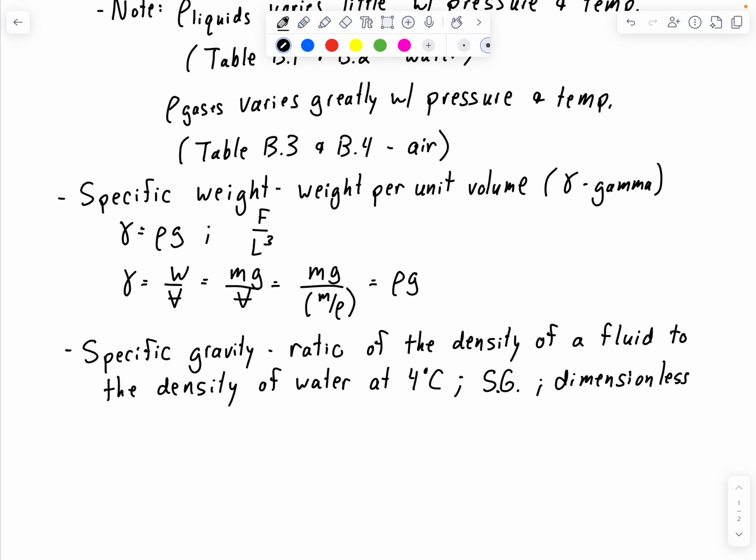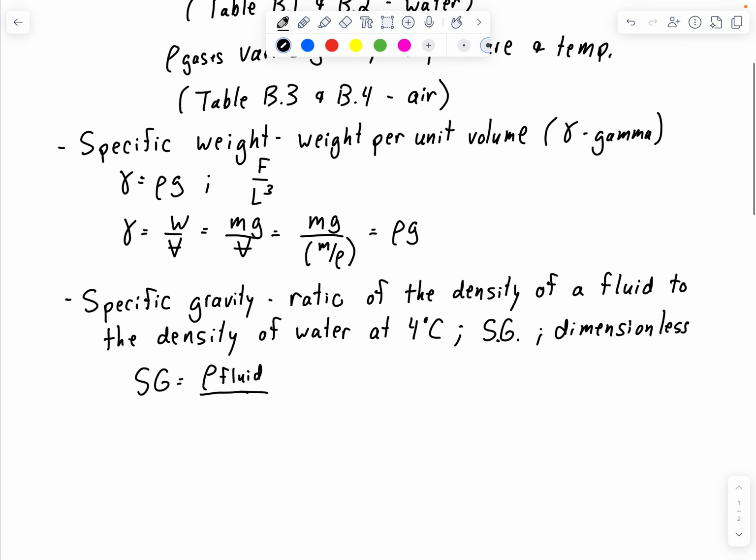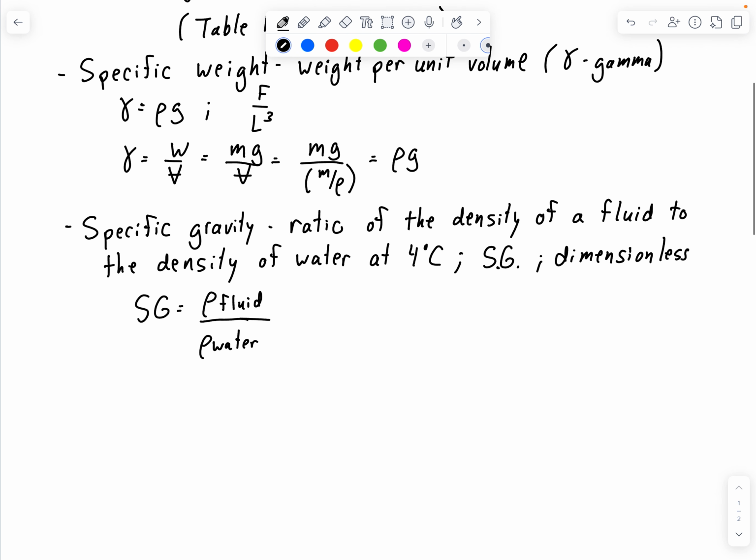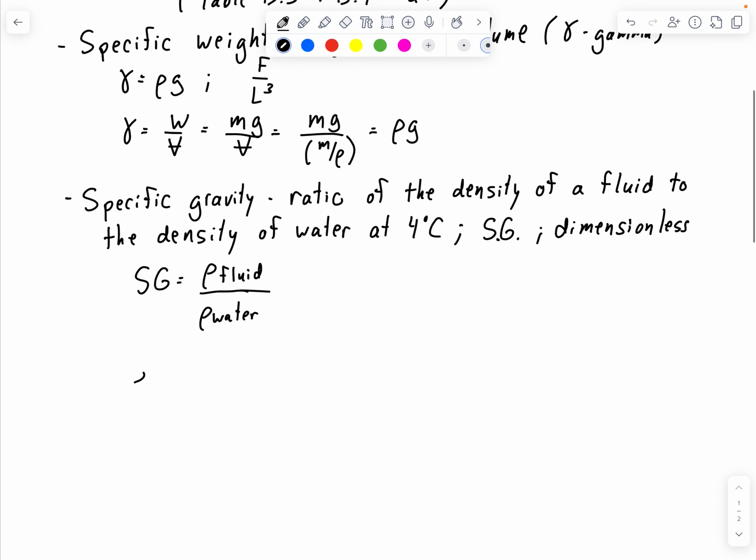And so the formula here for specific gravity is just going to be SG is equal to the density of the fluid divided by the density of water at 4 degrees C. So what is the density of water at 4 degrees C? Well, the density of water at 4 degrees C is equal to 1,000 kilograms per meter cubed.